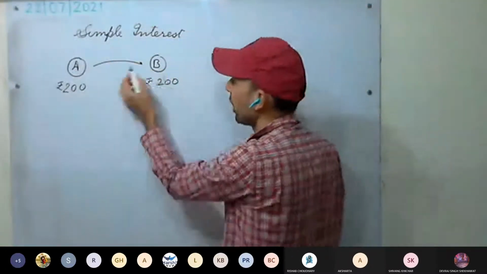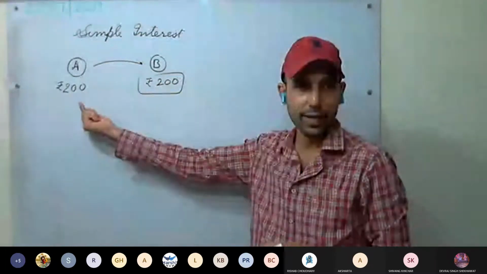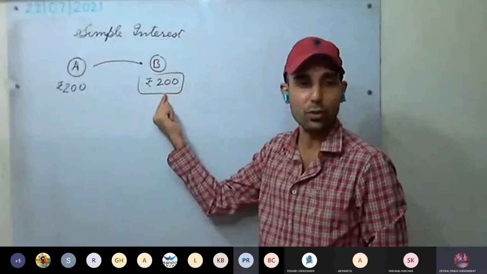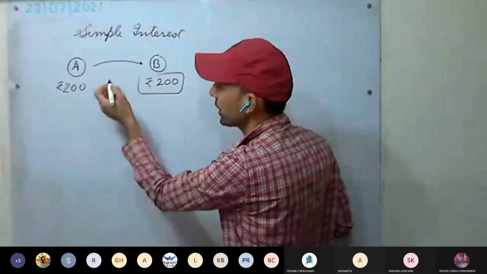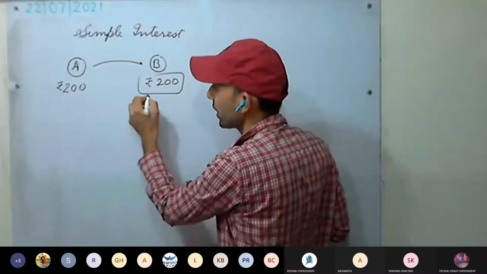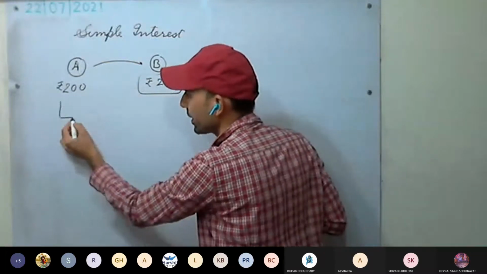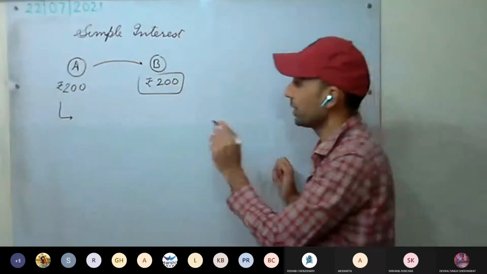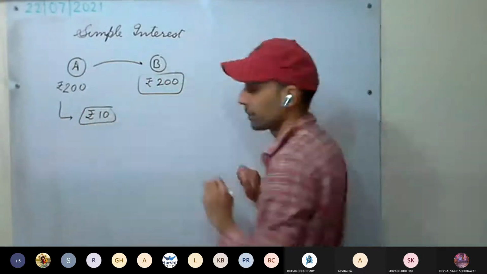Now, who will be using this money? It was the money of A, but B is going to use the money. Every year, B will pay some extra part to A. For example, A says to B that you have to pay me 10 rupees each year.